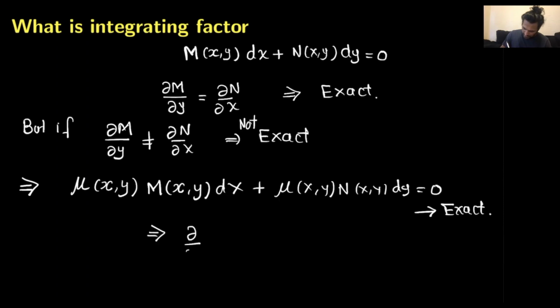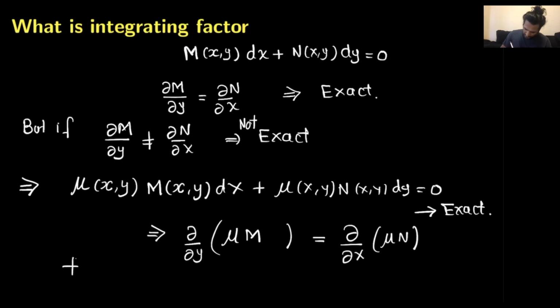Or in other words, the partial derivative of the very first term with respect to y, mu M, is equal to the partial derivative with respect to x of the term mu N. Then we call this very special function mu(x, y) our integrating factor, IF, or sometimes it is called the integrating function as well.